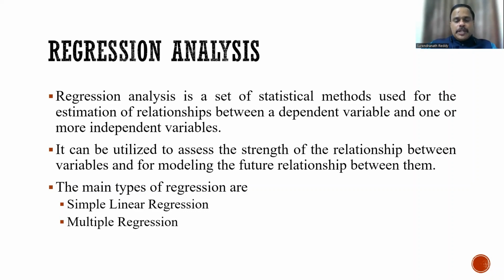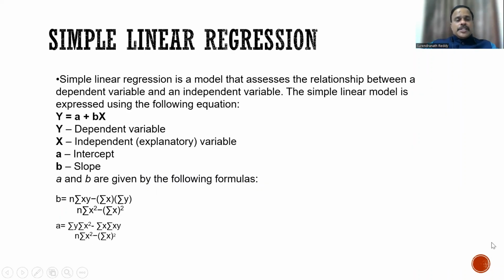And it has two variations. One is called simple linear regression. The second one is called multiple regression. First we will see what a simple linear regression is. A simple linear regression explains the relation between one dependent variable and one independent variable. That is, what is the impact of the independent variable on one dependent variable?